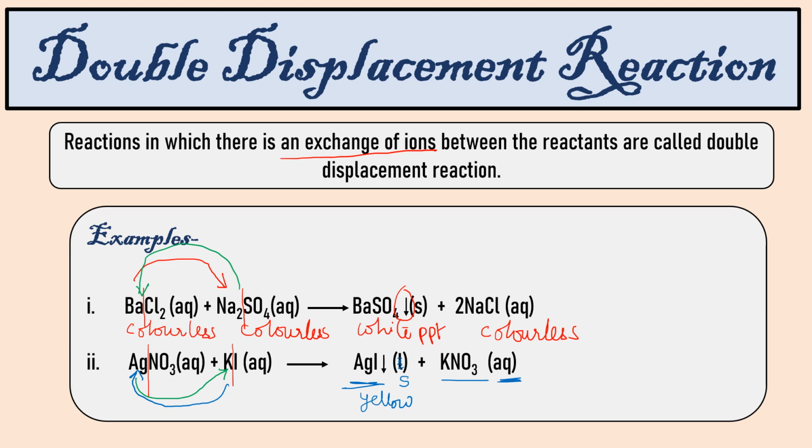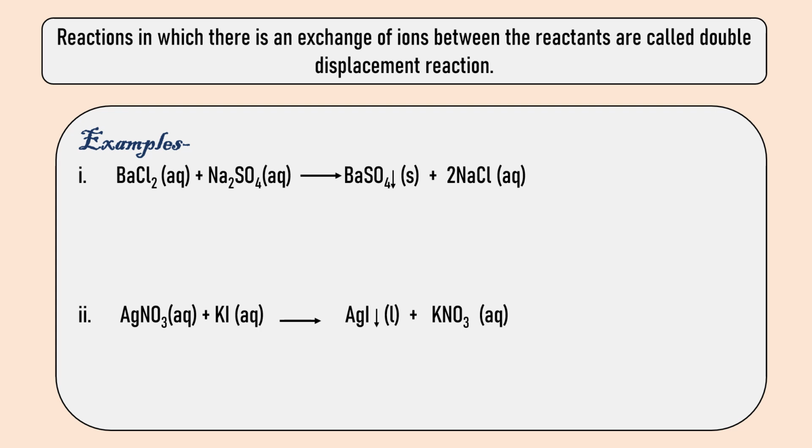So exchange of ion is taking place. It's very clear. Silver ion goes and takes potassium ion's place, and potassium ion goes and takes silver ion's place. Let's see in the next slide with the help of ions.